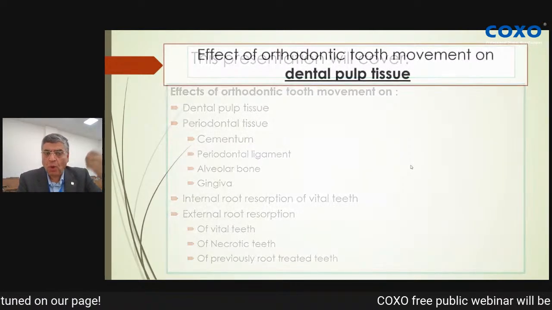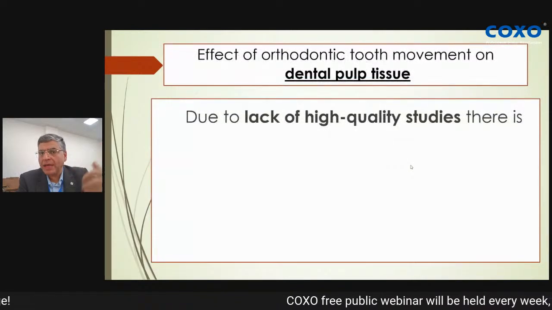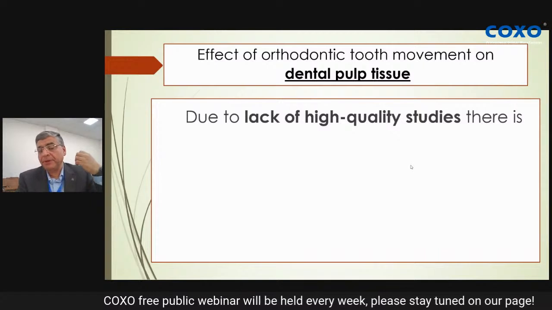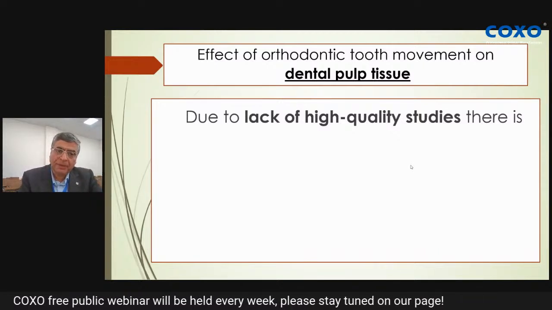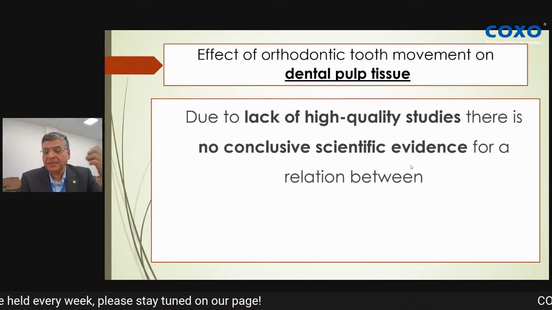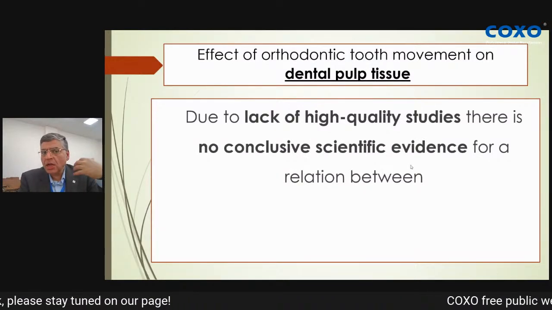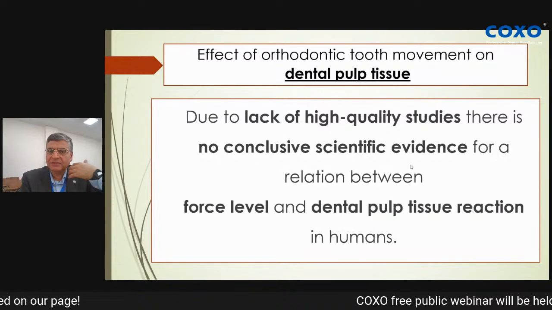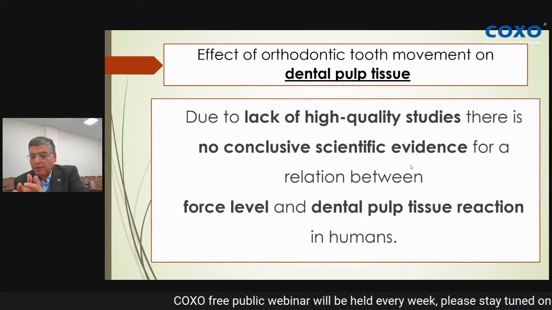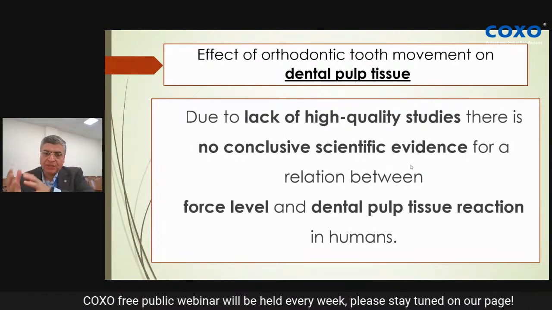Why should we discuss this and keep an eye on this very important topic? Because we don't have enough high quality studies. We don't have any conclusive scientific evidence for the relation between force level and dental pulp tissue reactions in humans.